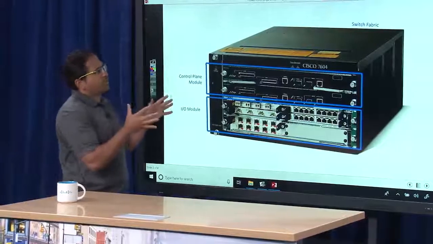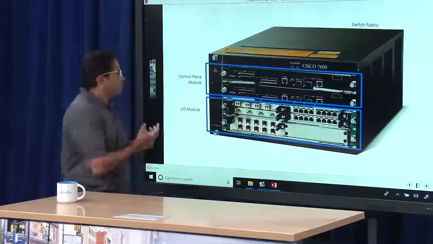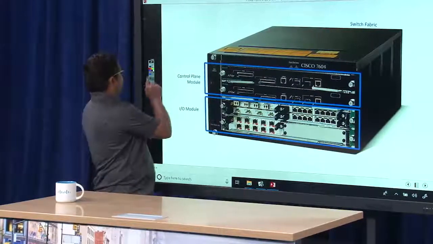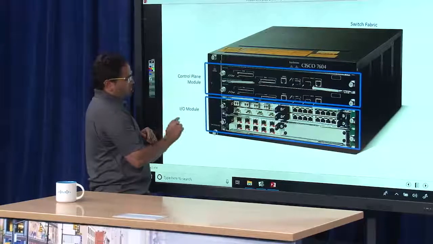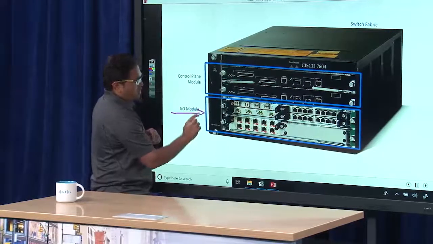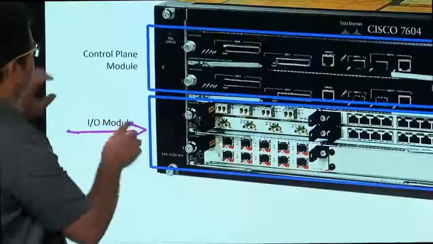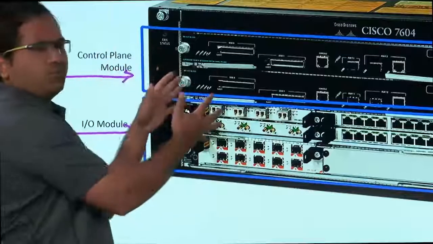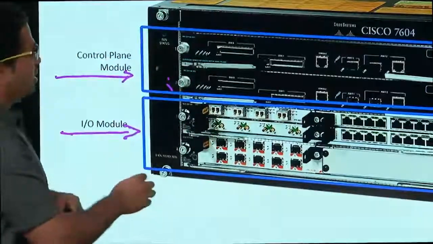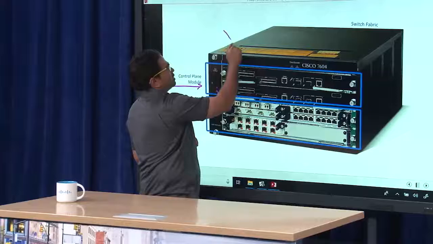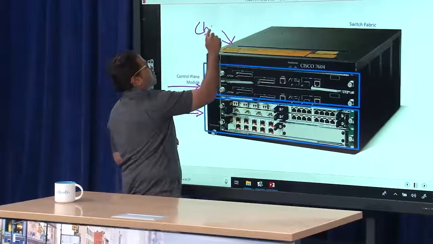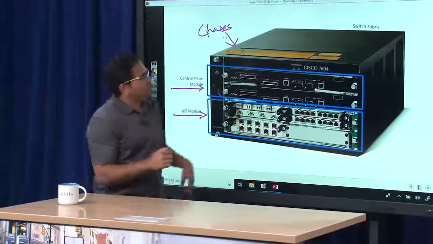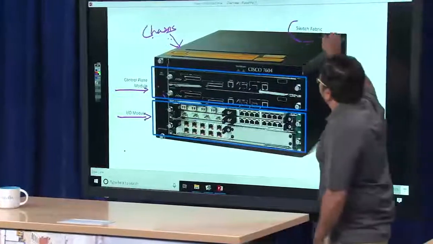So what was this architecture? How did it look and how did it function? It consists of three main components. Let's mark them out. So as you can see, you have the I/O module, the control plane module, both of which are pluggable modules in this case, which reside on a chassis and are interconnected using a backplane, the switch fabric.